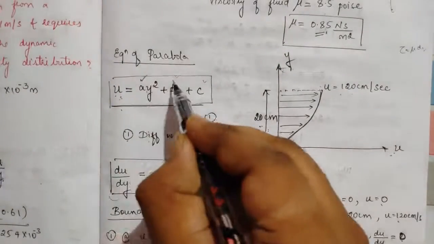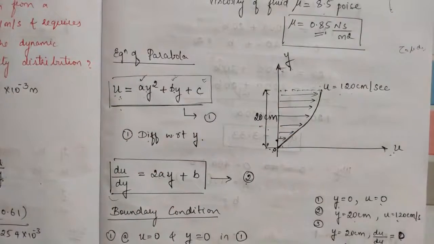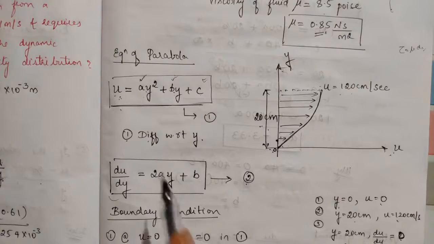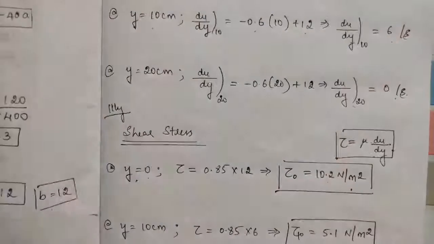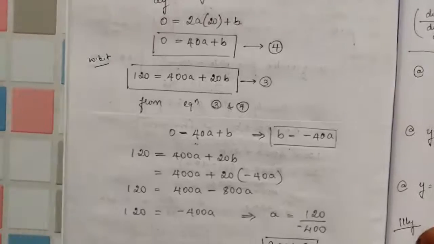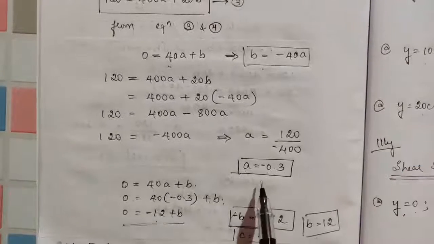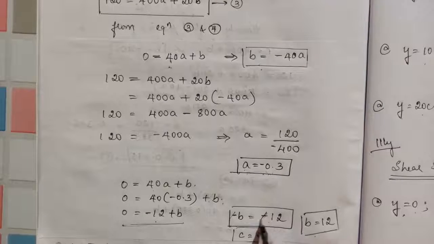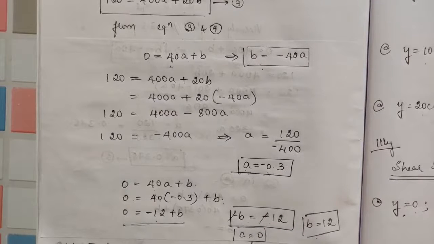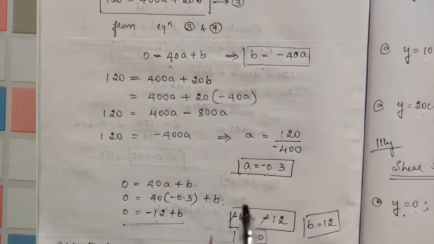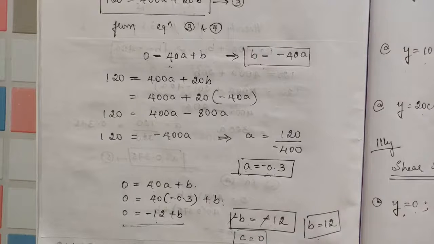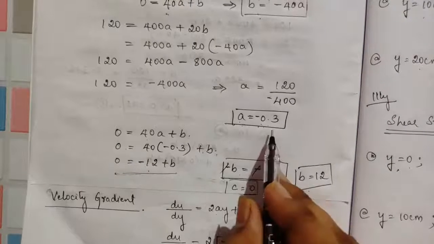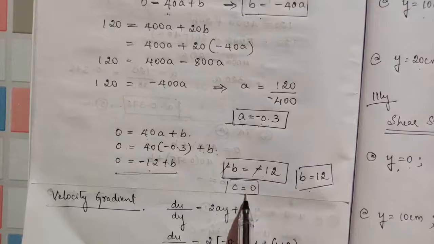To get the values of a, b and c. After simplification, I got a as minus 0.3, b as plus 12, and c as 0. Do the simplification properly, I was confused. So a is equal to minus 0.3, b is equal to 12 and c is equal to 0.